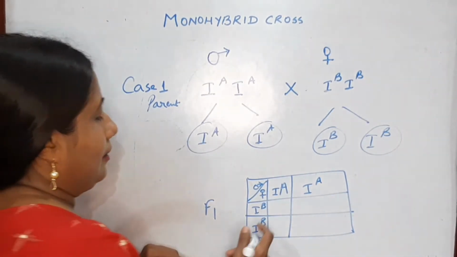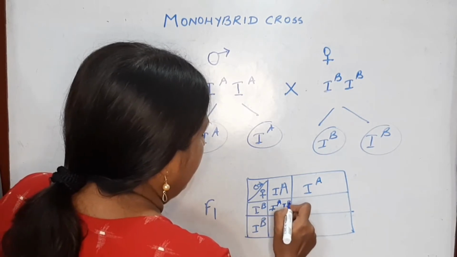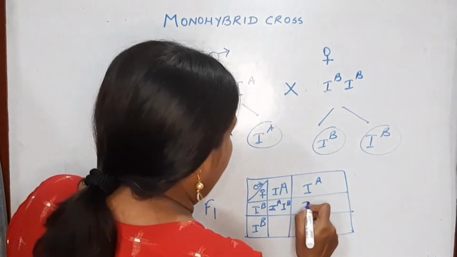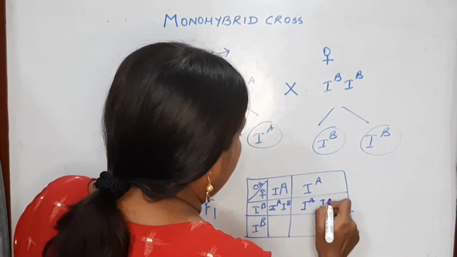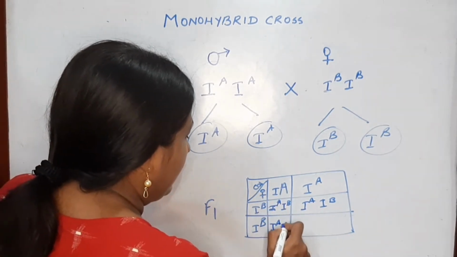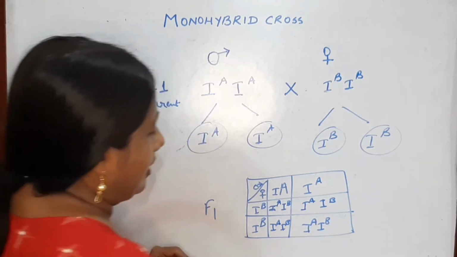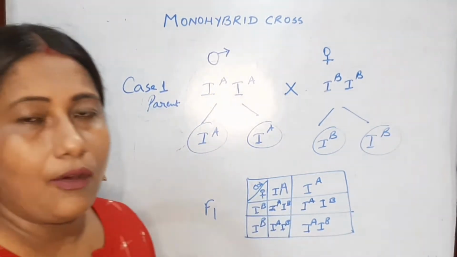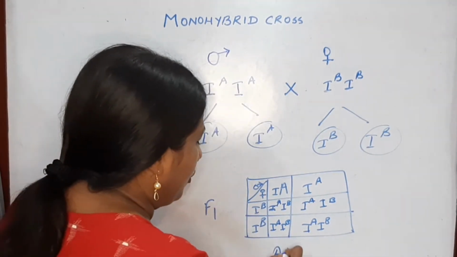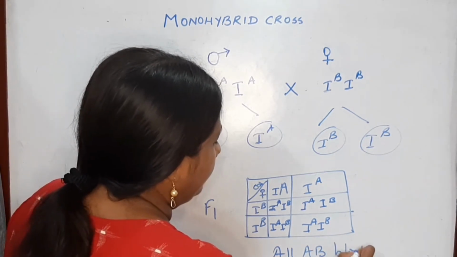IAIB. See, IAIB means AB blood group. Here also IAIB, again IAIB. So what are the chances? All the offspring are AB blood group. All AB blood group children.